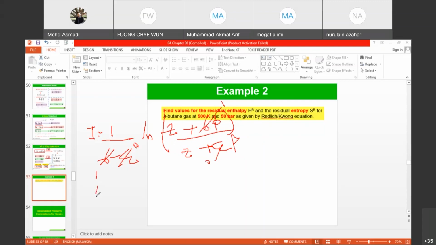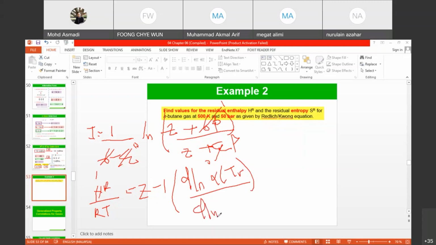And then if you look at the equation of residual properties for the HR, residual enthalpy HR over RT, equal to Z minus 1 plus d ln alpha TR divided by d ln TR minus 1, times qI.